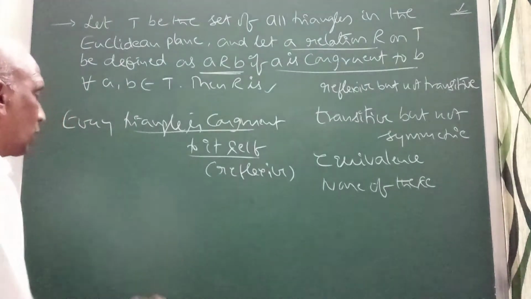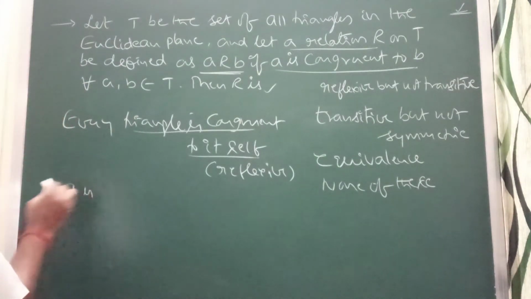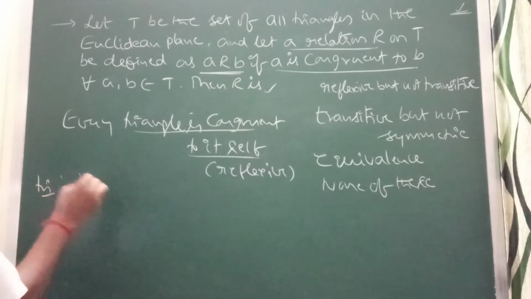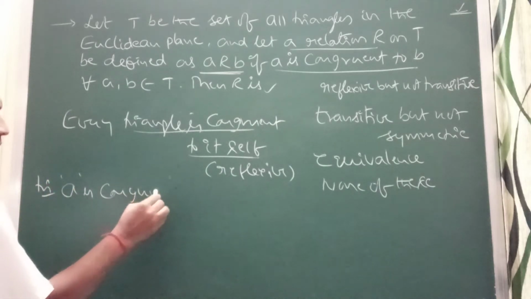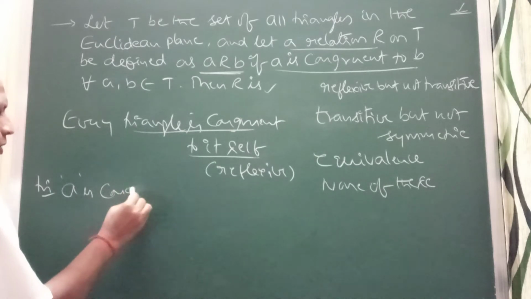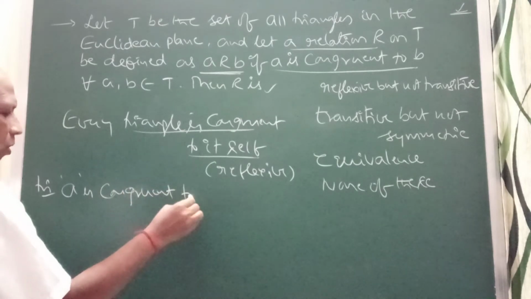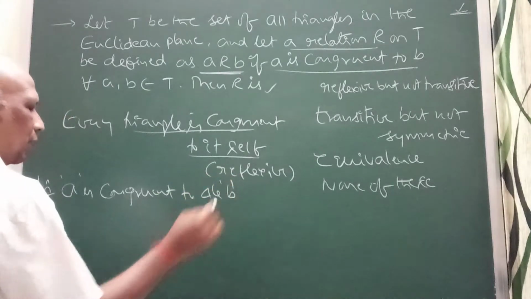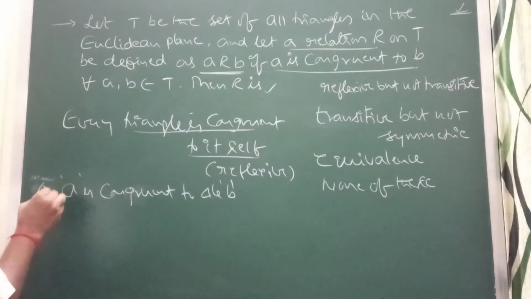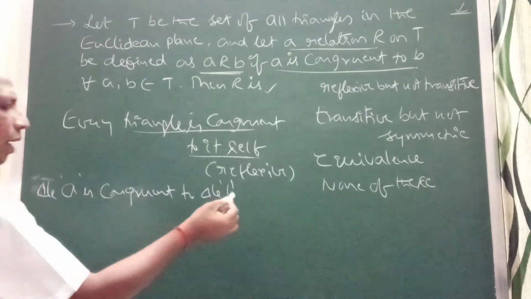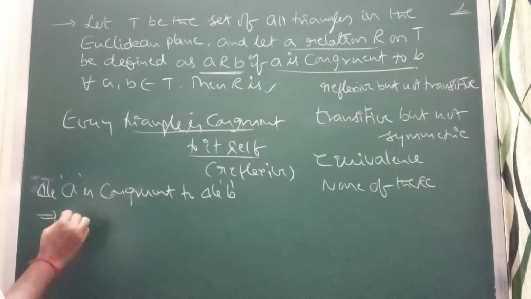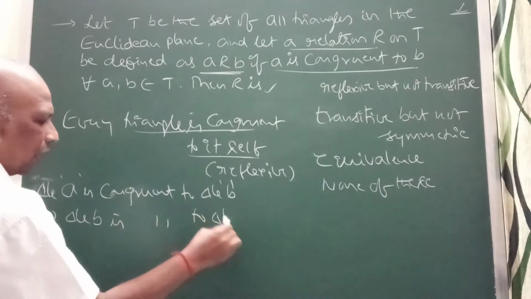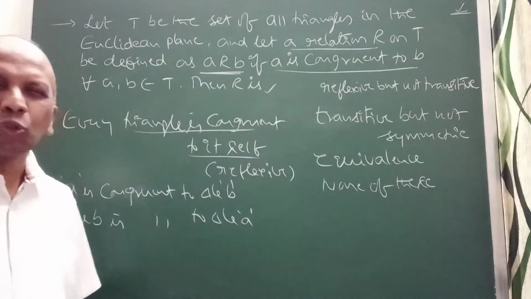Second one, suppose triangle A is congruent to triangle B. Automatically you can also write triangle B is congruent to triangle A. This is also true.